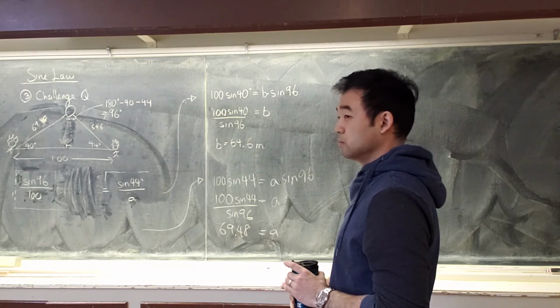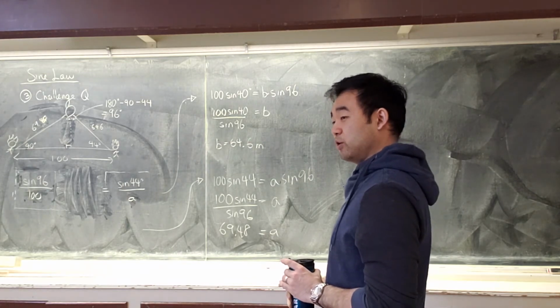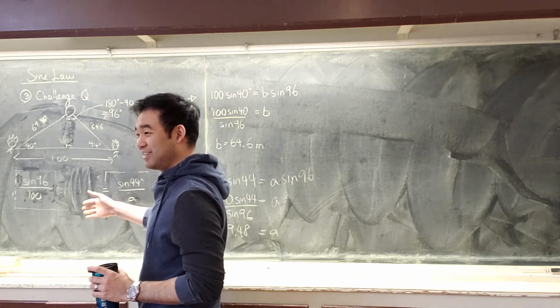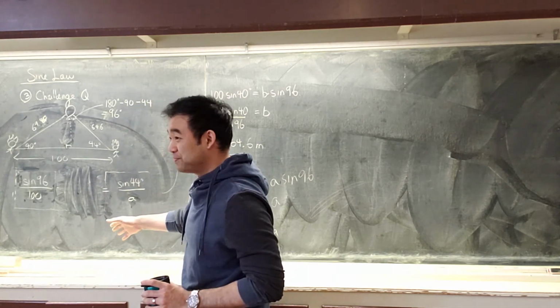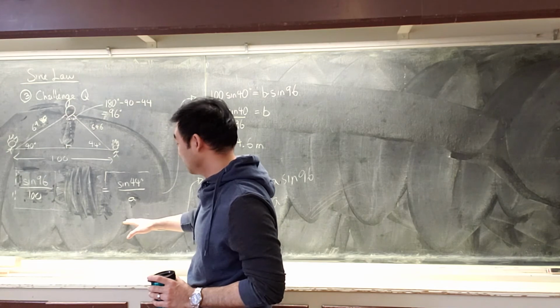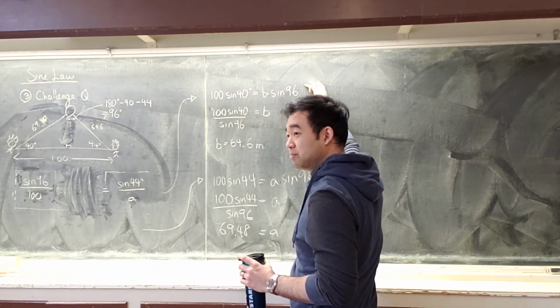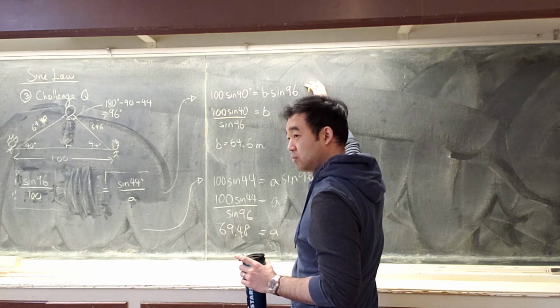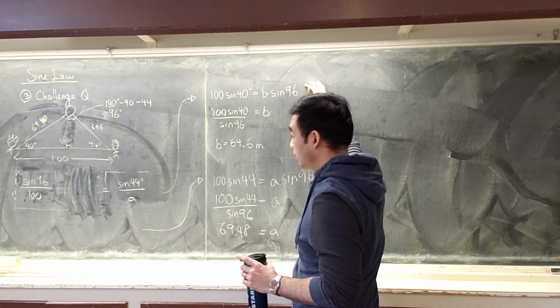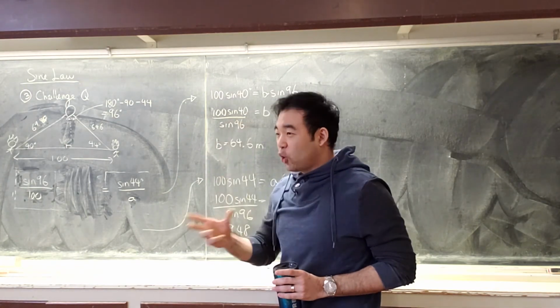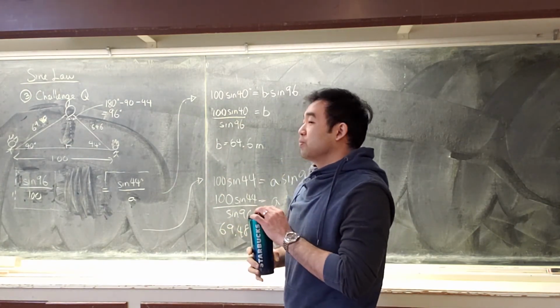Give it a shot. So when you take the fraction and make it into an equation, you switch 44 to change. I don't want you to use the word switch.